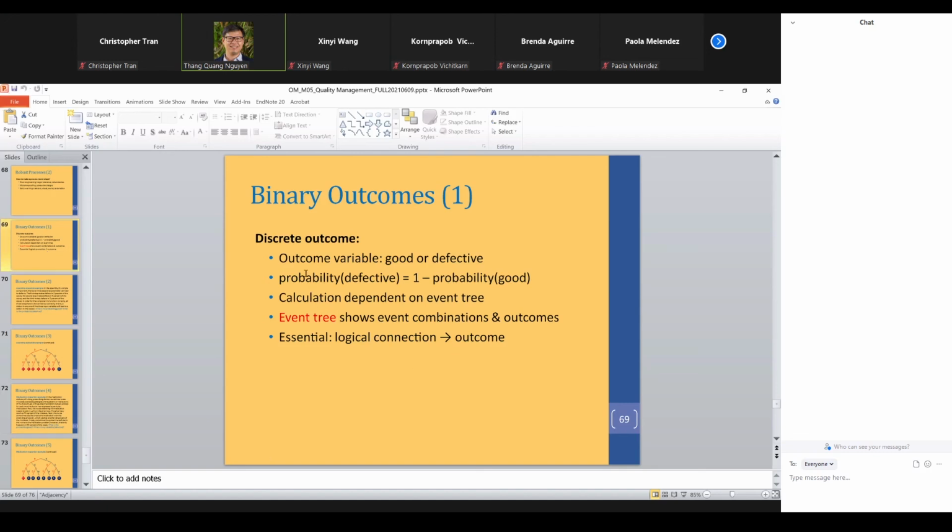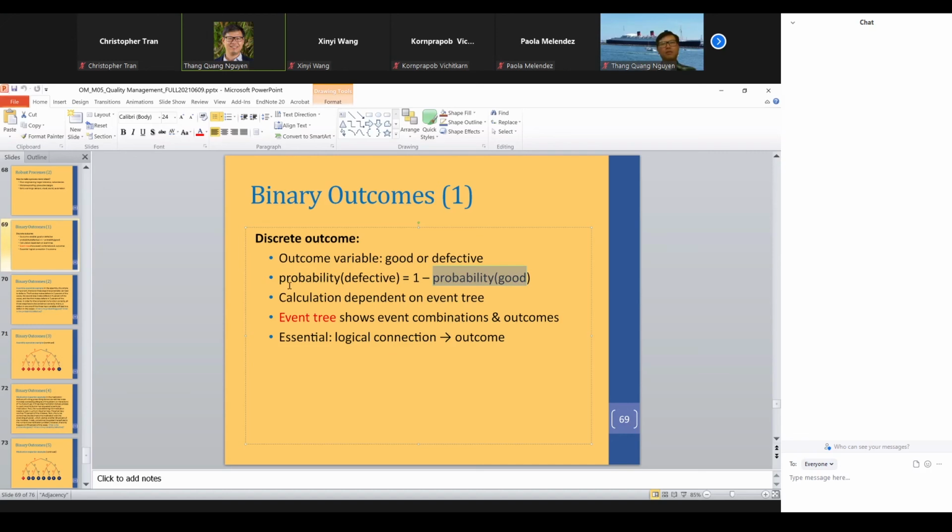So later on, we are interested in the probability of being defective, or the PFD, or the DP, or the DPU. They are all measuring the same thing, right? Probability of being defective. And we also want to know the probability of being good. As a manager, these two numbers are very important for you, right? We want to improve the probability of being good over time.